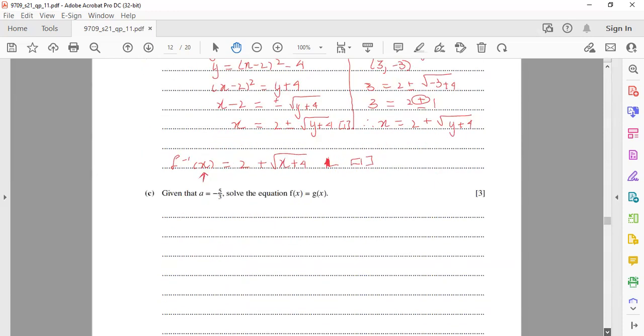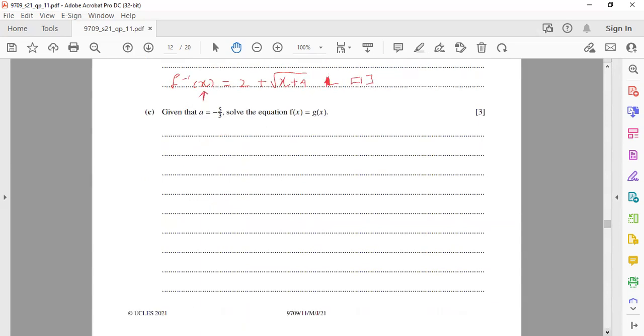About part C now. Given that a is equal to minus 5 upon 3, solve the equation f of x is equal to g of x. f of x is (x minus 2) squared minus 4, and g of x is ax plus 2, so minus 5 over 3 x plus 2.